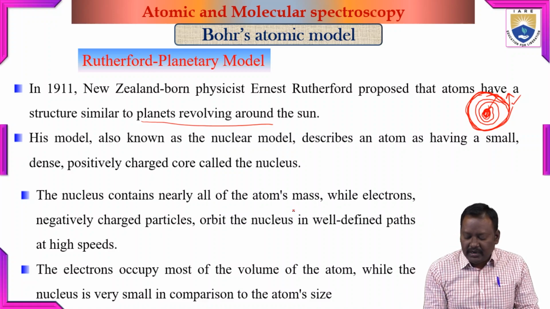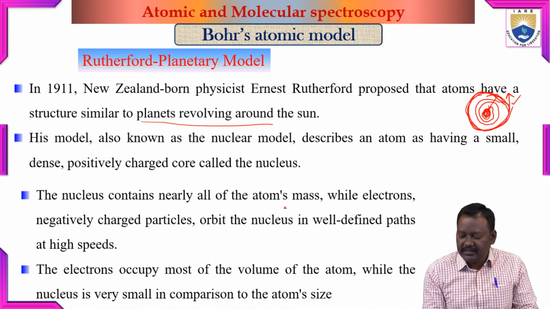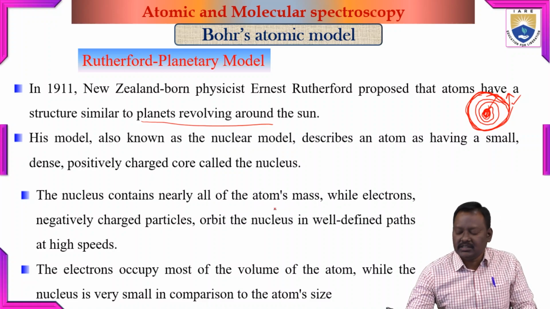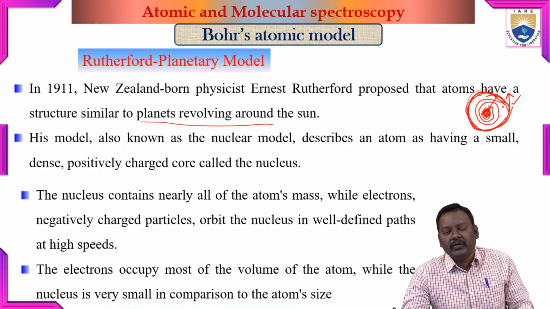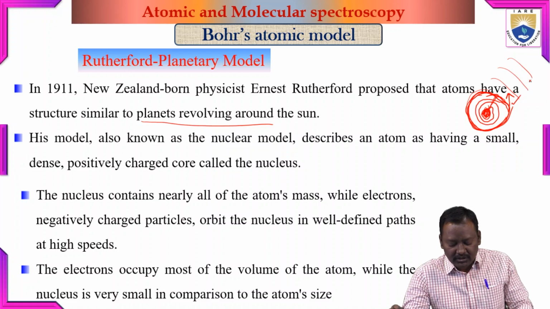But this particular model tells that the entire mass is concentrated only at the center of the atom, and it is very small, and electrons revolve around the nucleus at certain distance. There may be several orbits also, according to this model.